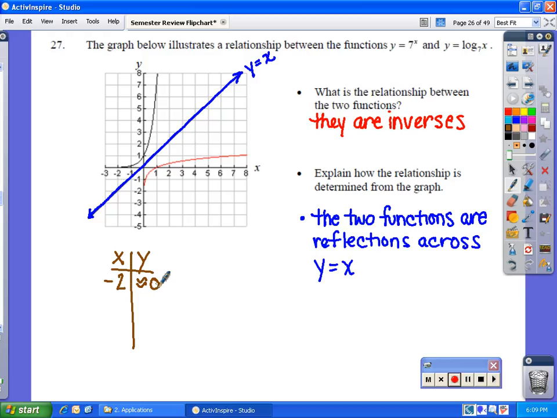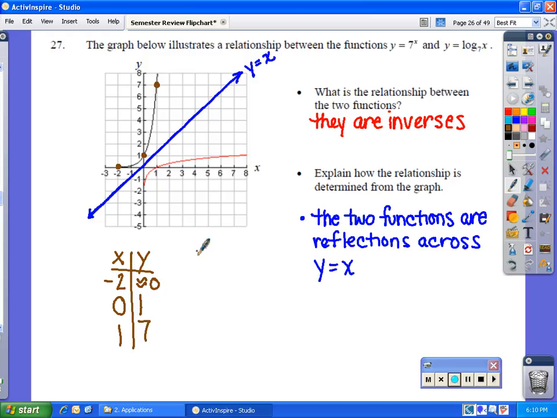If we were to plug in the value 0 and do 7 to the 0 power, we would get 1. And if we were to plug in the value 1 for x, we would get 7 to the first is 7. Now we're talking about this point, and this point on the graph.